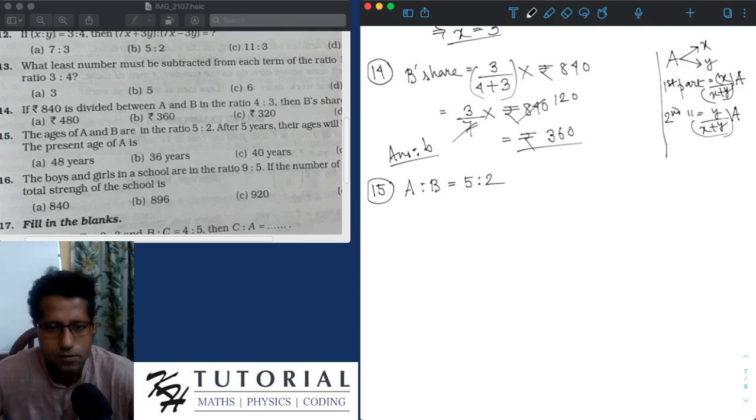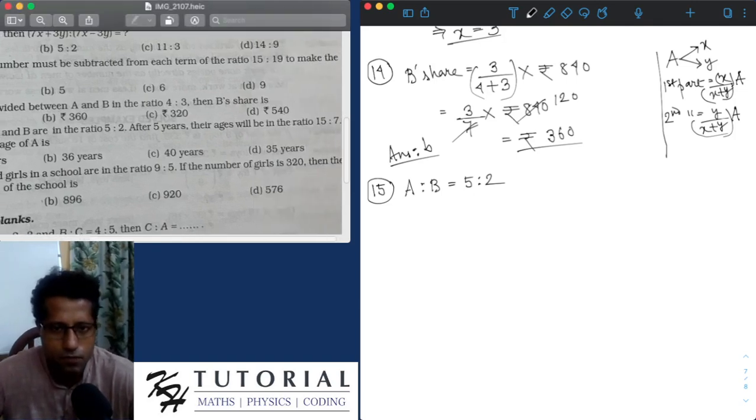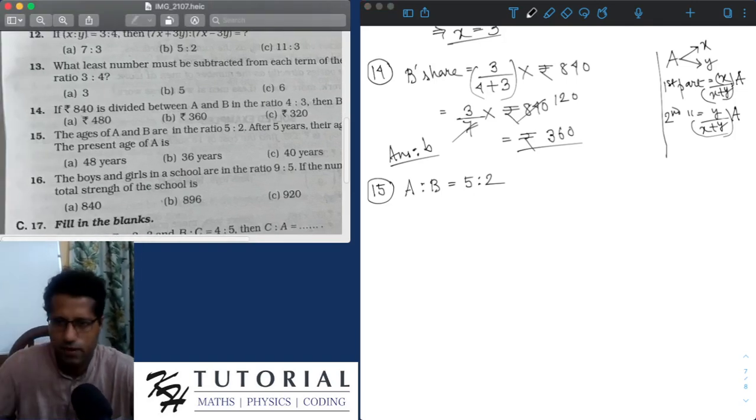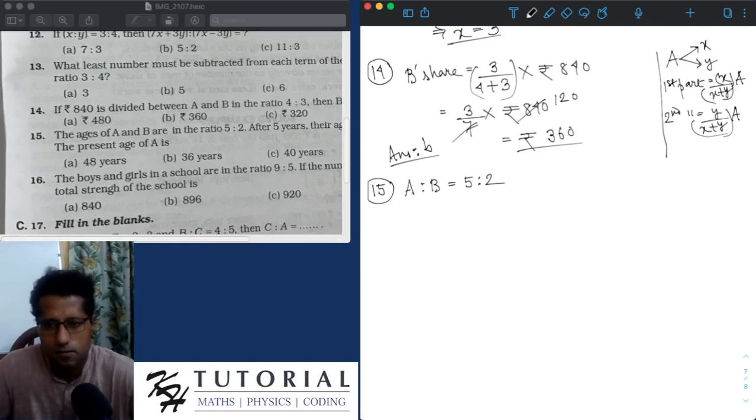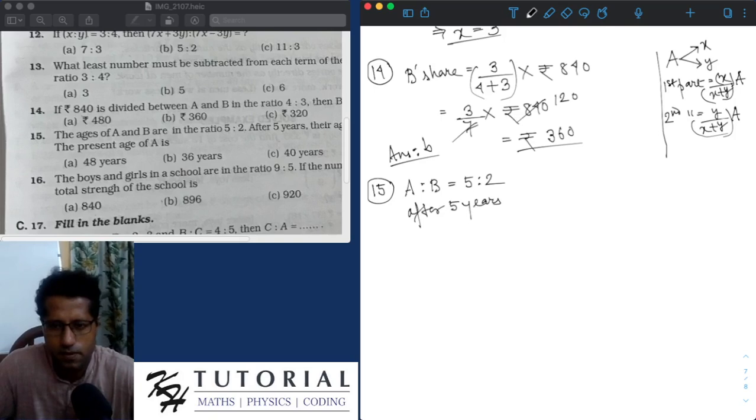After 5 years, the ages will be in the ratio 15:7. So after 5 years, the ratio will be A plus 5 is to B plus 5.